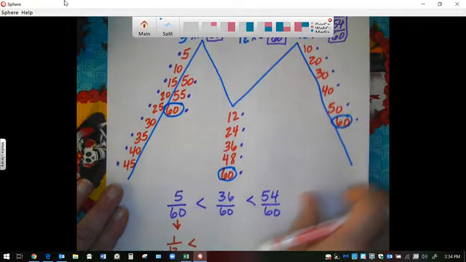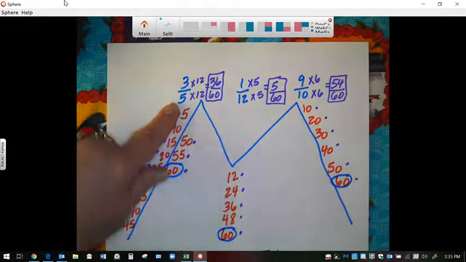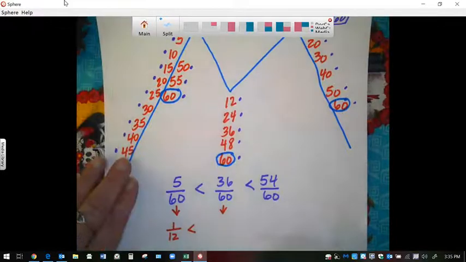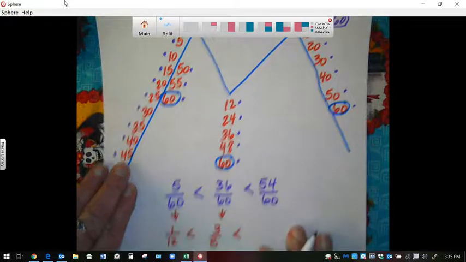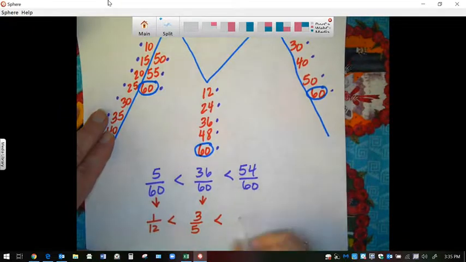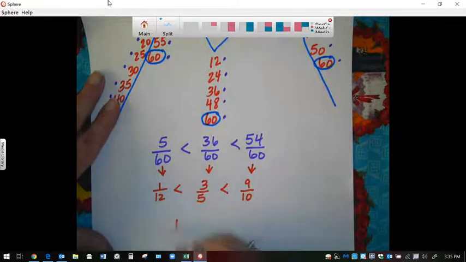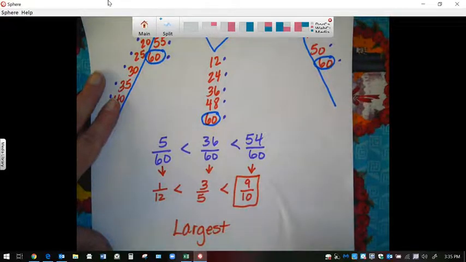And then 36/60, if we're looking here, the fraction is 3/5, so we're going to keep that the same along with the symbol. And then 54/60 was 9/10. And since in our problem we were looking for the largest, that would be 9/10, and that is your answer, 9/10.